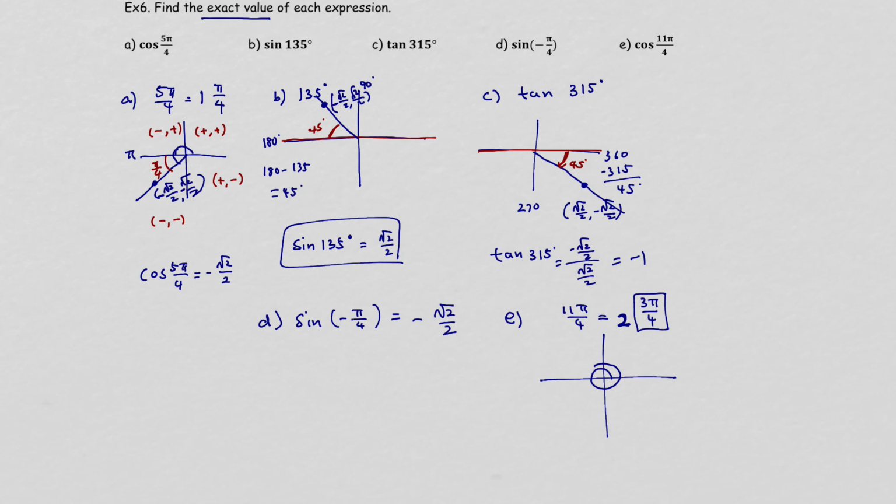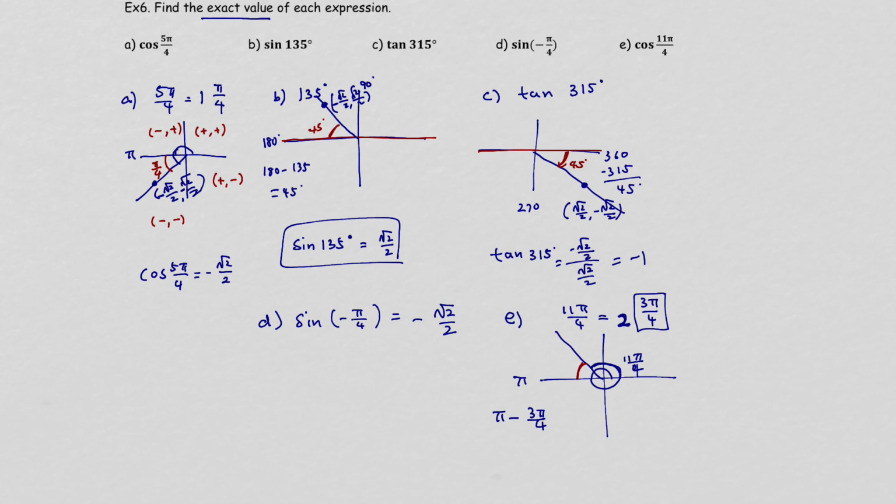And remember, the angle you need is from here to here, right? So what you need to do is, this is pi, so you're doing pi minus 3 pi over 4. Because you just need to subtract this, right? Not the whole circle. You don't have to worry about the whole circle.